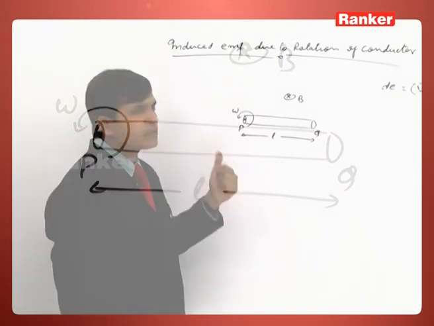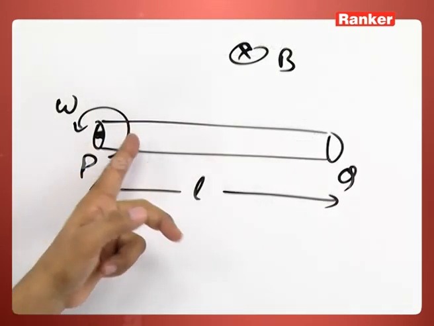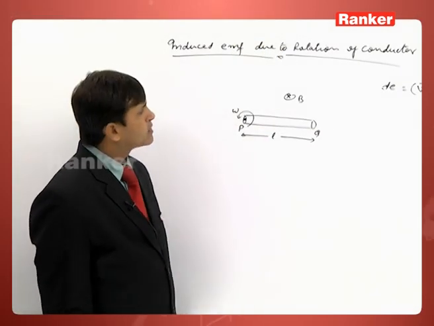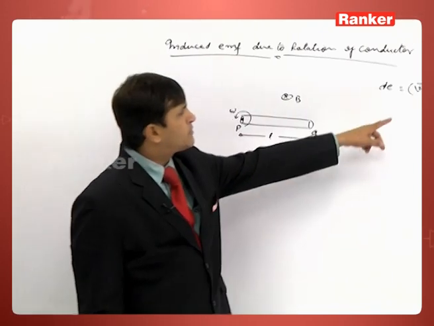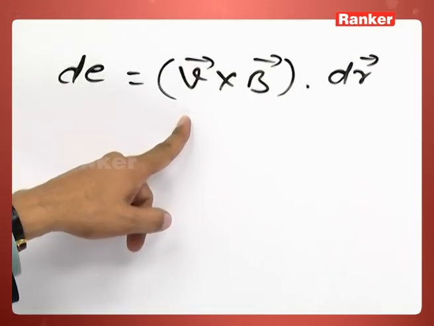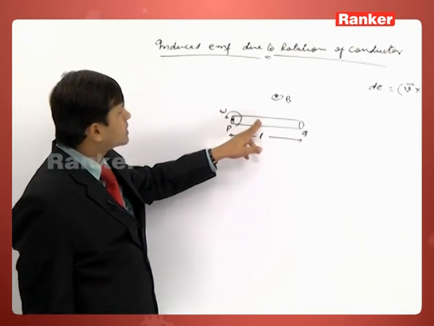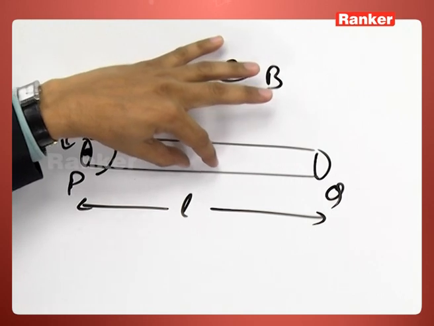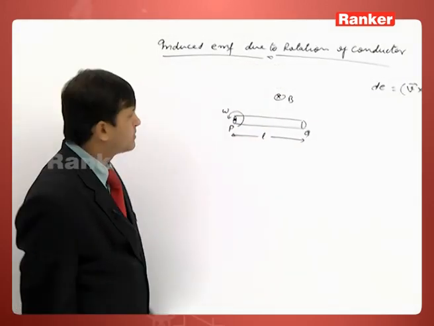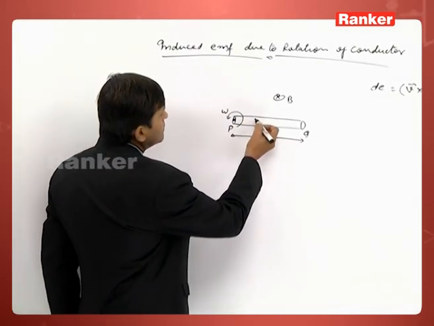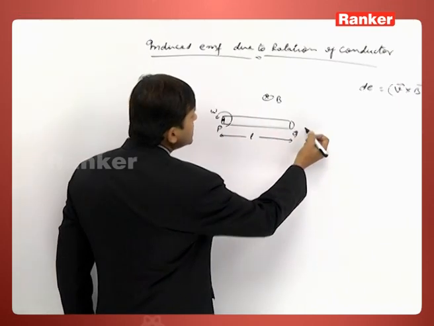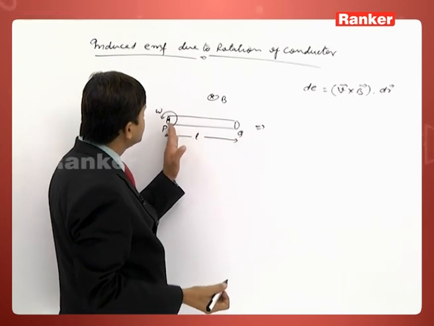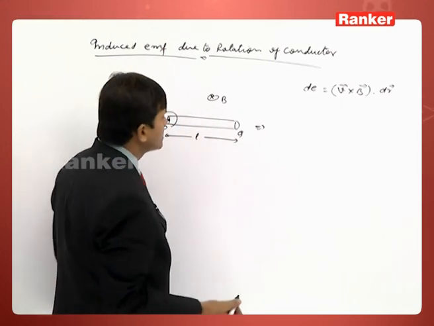Although angular velocity is the same, as the different points are at different distances, their tangential velocity will be different. V is the velocity, you can say translational velocity. So the translational velocity of different points is different, so different points produce different EMF. So we can say it is equivalent to a number of EMF sources between points P and Q.